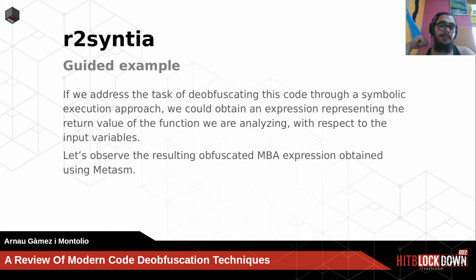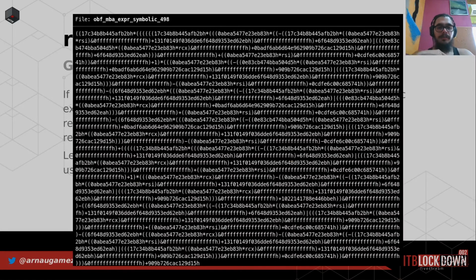So let's observe the resulting obfuscated MBA expressions that we obtain if we run a symbolic execution engine through this obfuscated code in order to get the expression for the return value with respect to the input variables. So essentially, this is the way that such an expression looks.